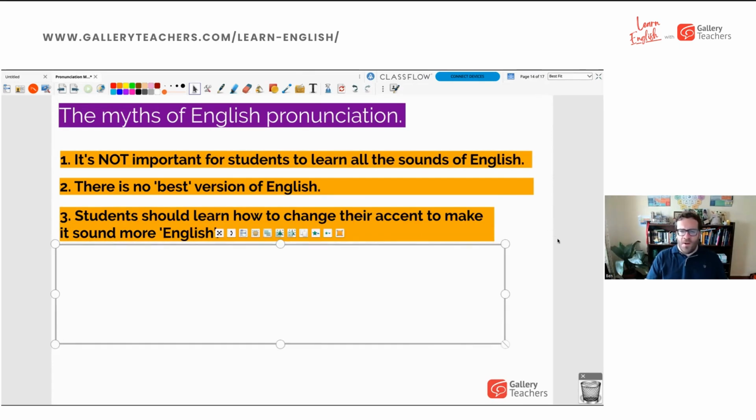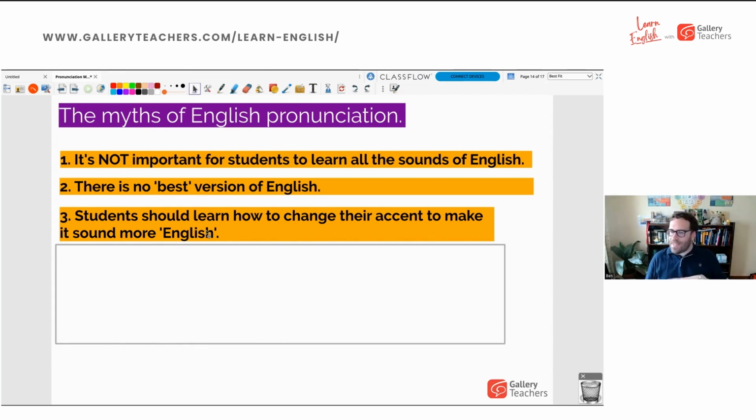Students should learn how to change their accent to make it sound more English. That's interesting, Sarah. Okay, if they want to. It's interesting, but "should" is too much. Okay, let's bring in some modal verbs.